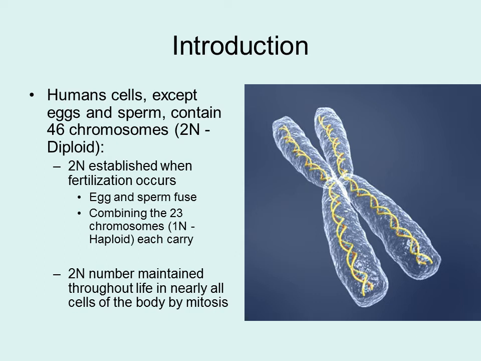You would then go 23 from egg, 23 from sperm, and you're back up to 46. So you have 23 pairs. When you only have one copy, it's referred to as haploid or 1N. When you have two copies, it's diploid or 2N. So all of the cells in your body are diploid except for the egg and the sperm.